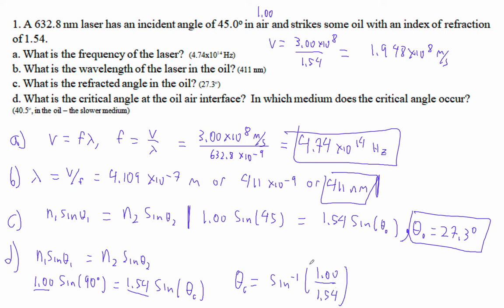You can't get it wrong. I mean, if you try to do the reciprocal of that, you'll get a domain error, right? So inverse sine of 1 divided by 1.54 is 40.5 degrees. And it always happens in the slower medium. You can always get from a faster medium to a slower one. You can't always get from the slower one to the faster one. Okay?